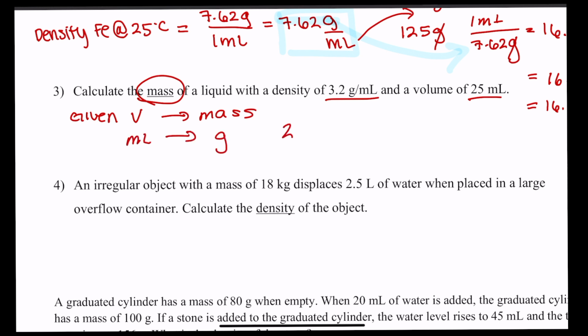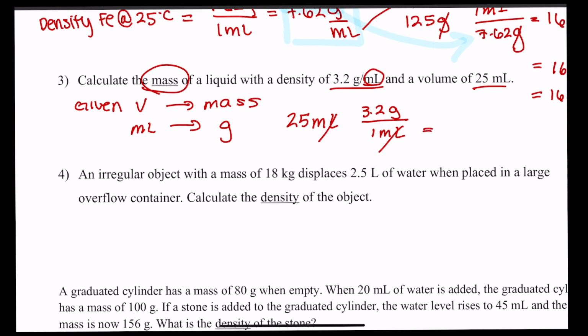So if we start with 25 milliliters, to cancel out the milliliters, we're going to have the milliliters at the bottom. So this one already has it at the bottom, so it'd be 3.2 grams and 1 milliliter. Cancel that out, leaving us with 25 times 3.2, leaving us with 80 grams.